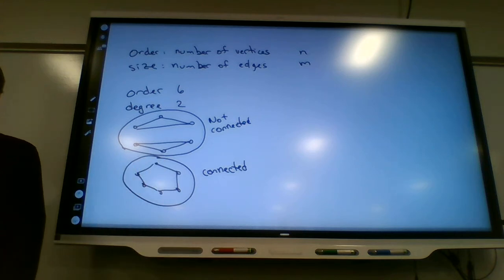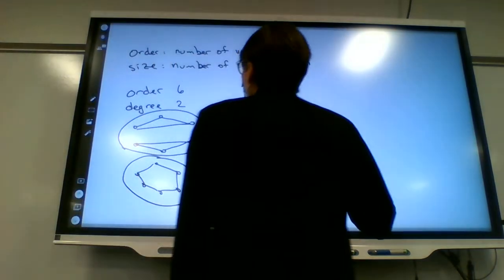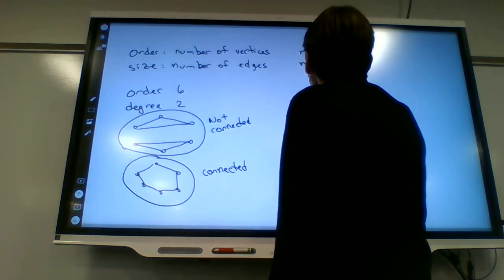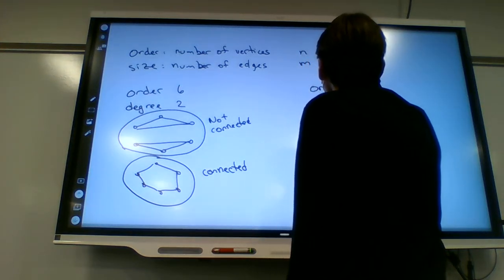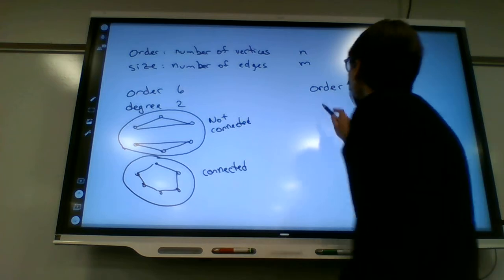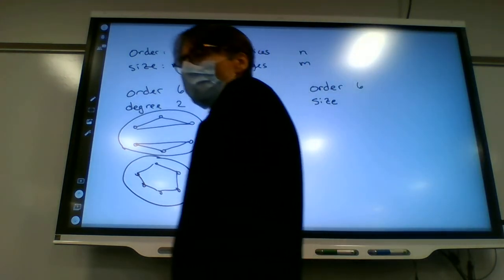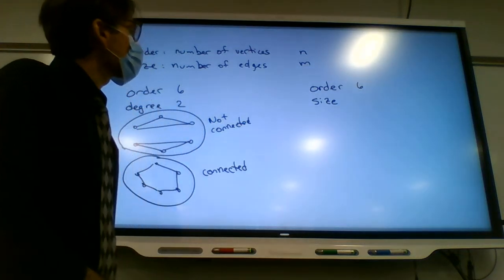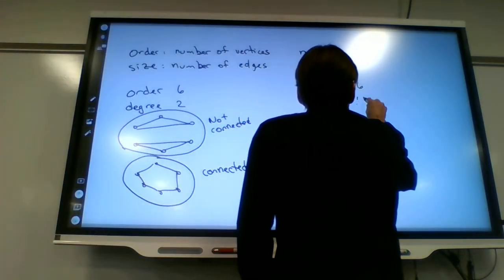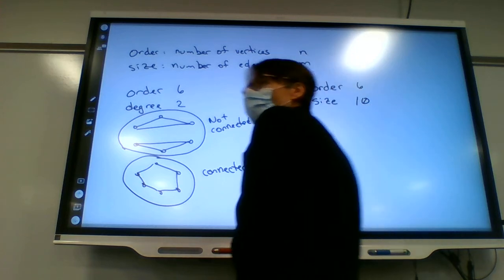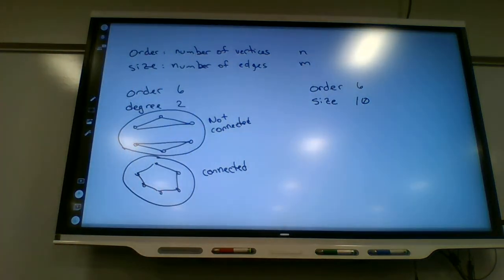All right, so let's draw another graph. Let's draw a graph of order 6 and size 10. This is size 10 now, right?